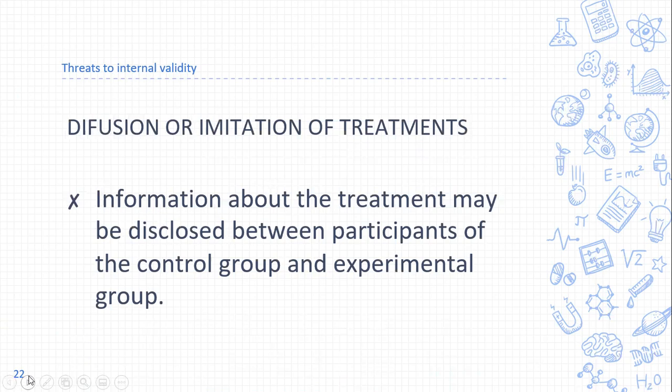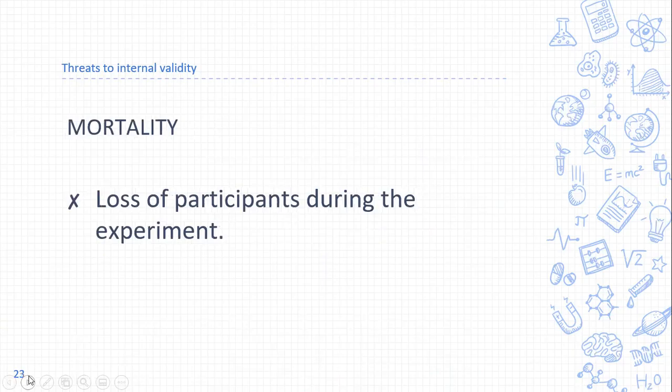Going from what Selena mentioned earlier, this could greatly impact the results of the study since both of them are receiving different information. And finally, we have mortality, which is loss of participants during the experiment. Now, don't worry, this doesn't mean the participants have passed away, but rather that they have dropped out of the experiment, which is a big threat to validity because in most cases, participants that leave a group have reasons to do so.